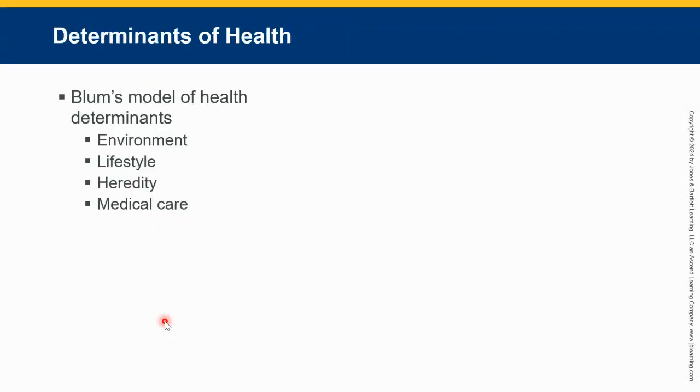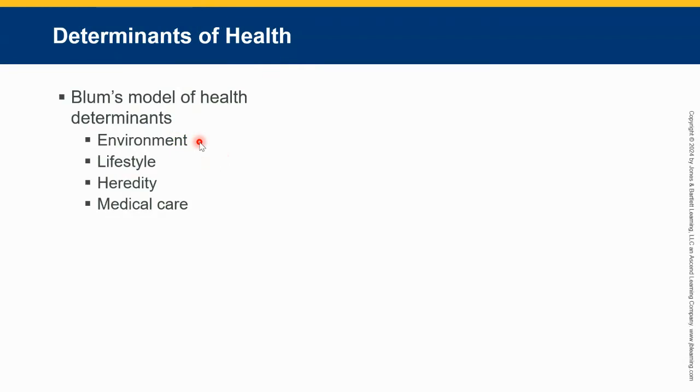This next thing is a picture of, actually I thought I had a picture on here, of what we call Bloom's model of health determinants, and it's a framework, and it defines 4 areas or forces that contribute to health and well-being. So these 4 things contribute to somebody's overall determinants of their health.